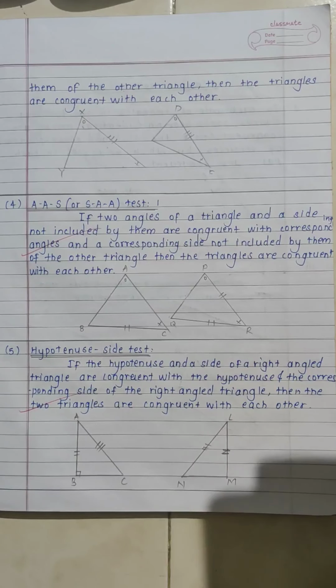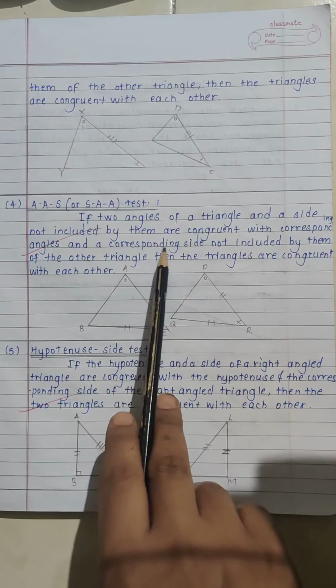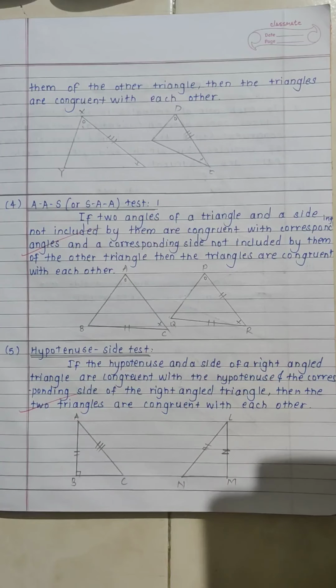The next test is the SAA or AAS test. Here the two A's and the S stand for angle, angle, side. The definition is: if two angles of a triangle and a side not included by them are congruent with the corresponding angles and the corresponding side not included by them of the other triangle, then the triangles are congruent with each other.